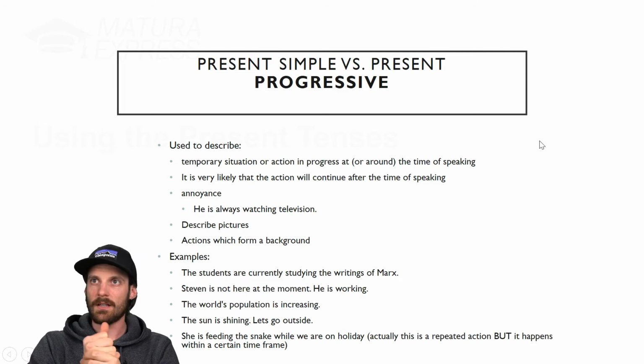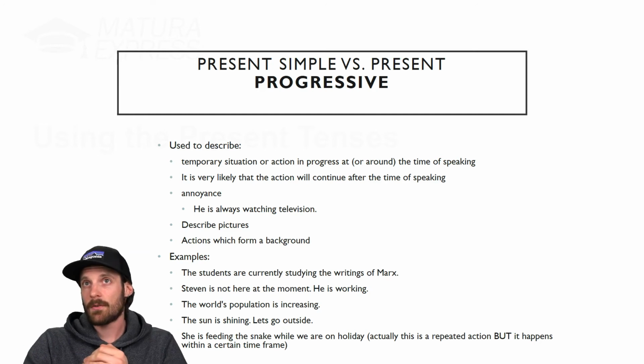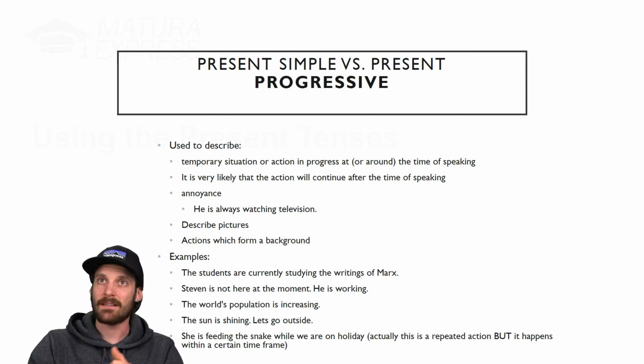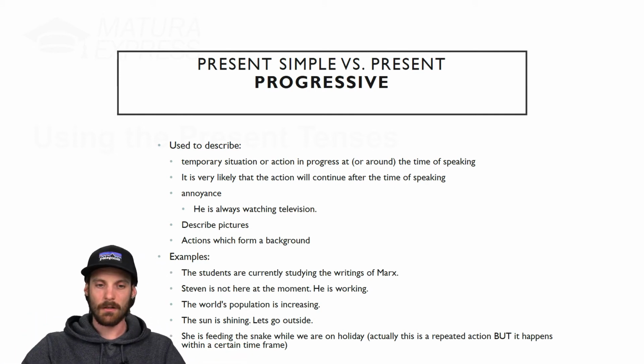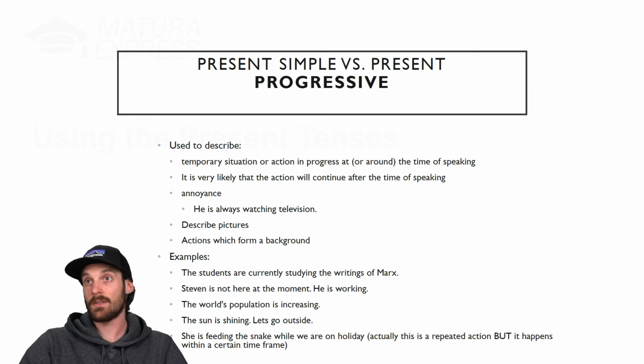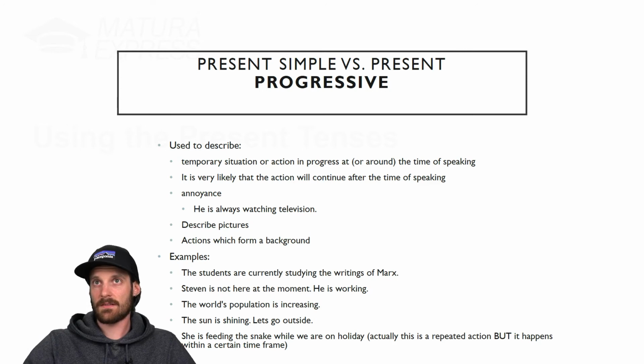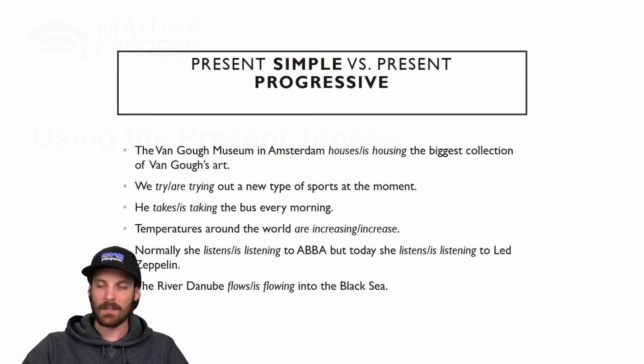So they're not on holiday for 16 years, I guess. They're just on holiday maybe for 2 weeks. And in this case, she, a neighbor for example, or someone else, is feeding the cat as an action that is actually not a repeated action, since she's doing it just for this amount of time. Okay, so it happens in a certain time frame.